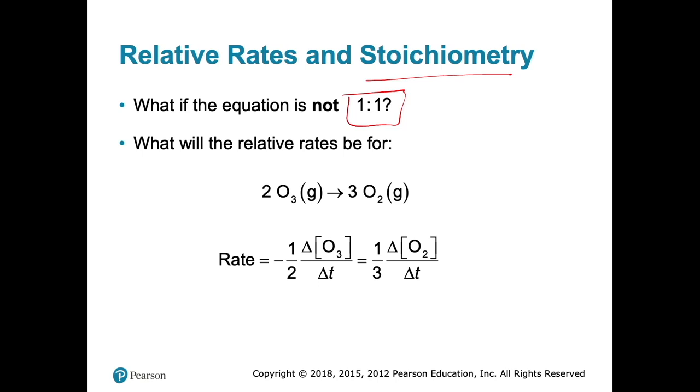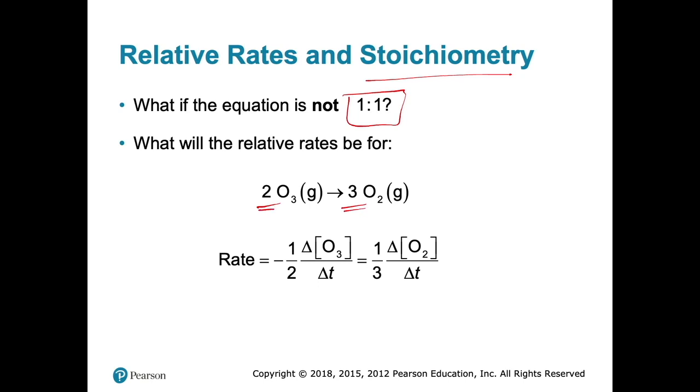When we wrote that reaction out, the balanced chemical equation was a one-to-one ratio for all the reactants and products. So what do we do when it's not a one-to-one ratio, like this one, where we have ozone decomposing into oxygen and the ratio is actually 2 to 3?